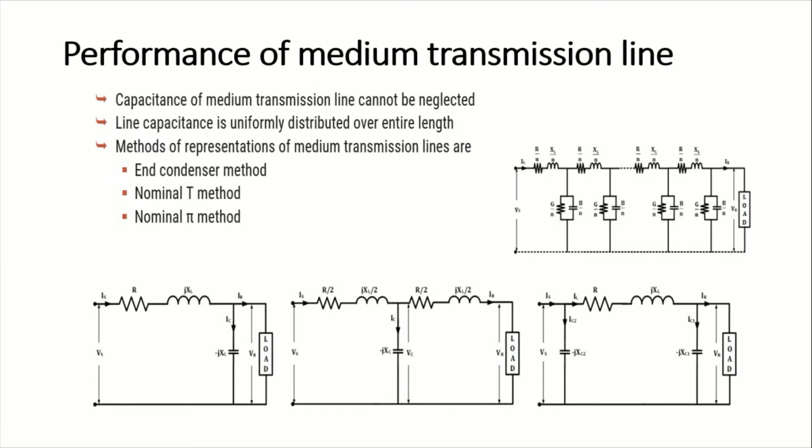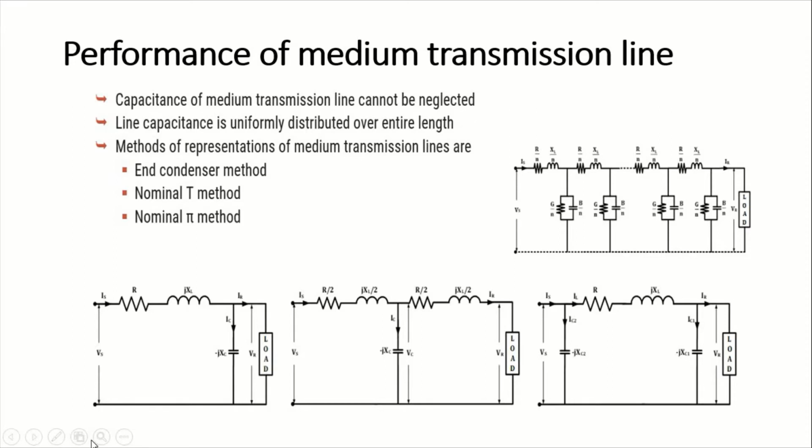First, we take a general discussion about the medium transmission line. A medium transmission line has a length between 80 to 200 kilometers and a line voltage between 20 kV to 100 kV. The effect of the capacitance is considered in a medium transmission line.